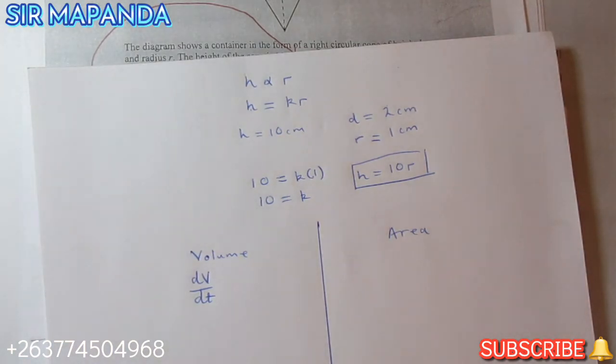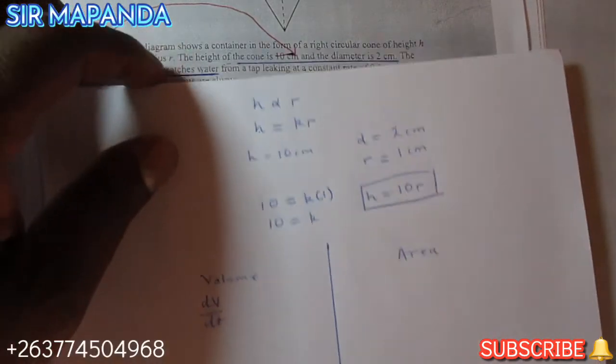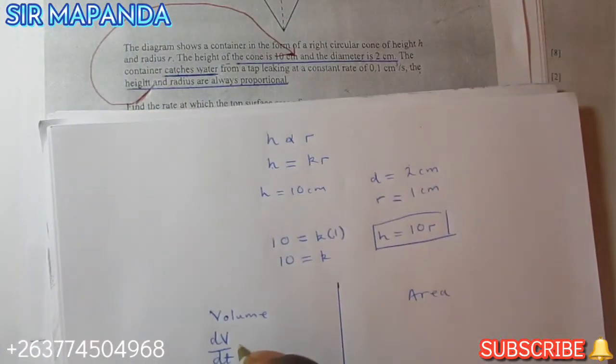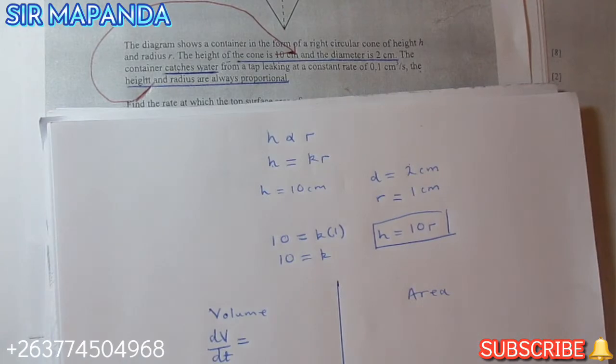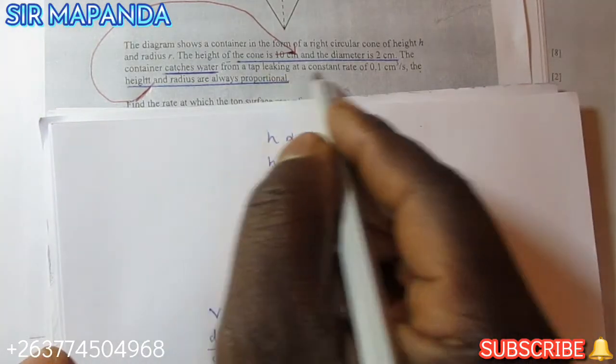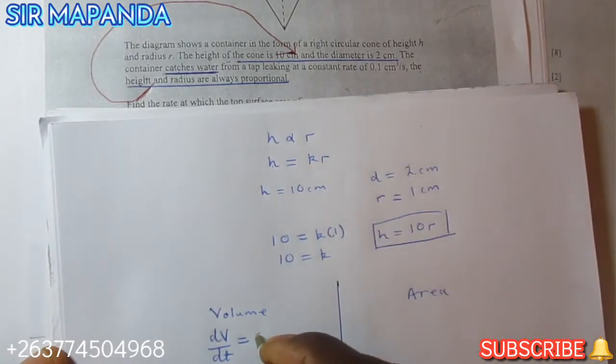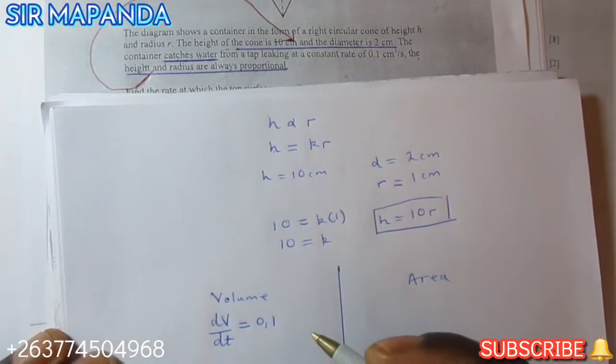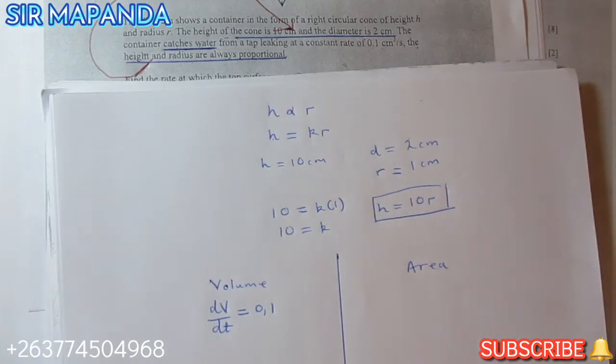Why? Because the volume in the cone is increasing by receiving the water which is leaking from the tap. I hope you are getting me, class. So the rate at which the tap is leaking is as good as the rate at which the water is entering the cone. So if the tap is leaking at 0.1, it means the cone is also receiving at 0.1. Take note of that.